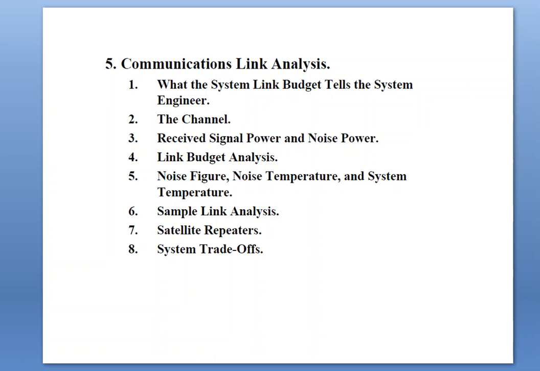Fifth one, noise figure, noise temperature and system temperature. Sixth one, sample link analysis. Seventh one, satellite repeaters. Eighth one, system trade-offs. These are the topics we cover in link analysis in communication.